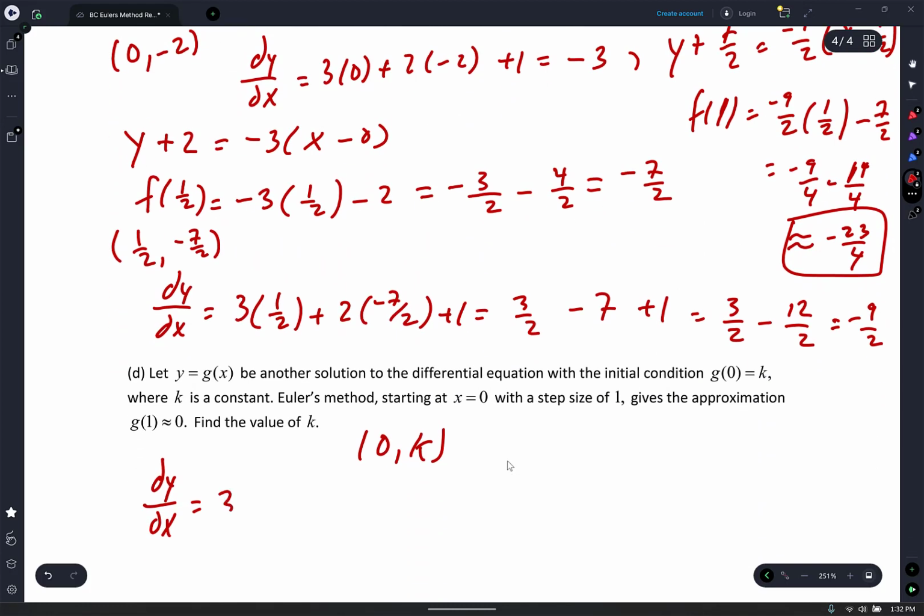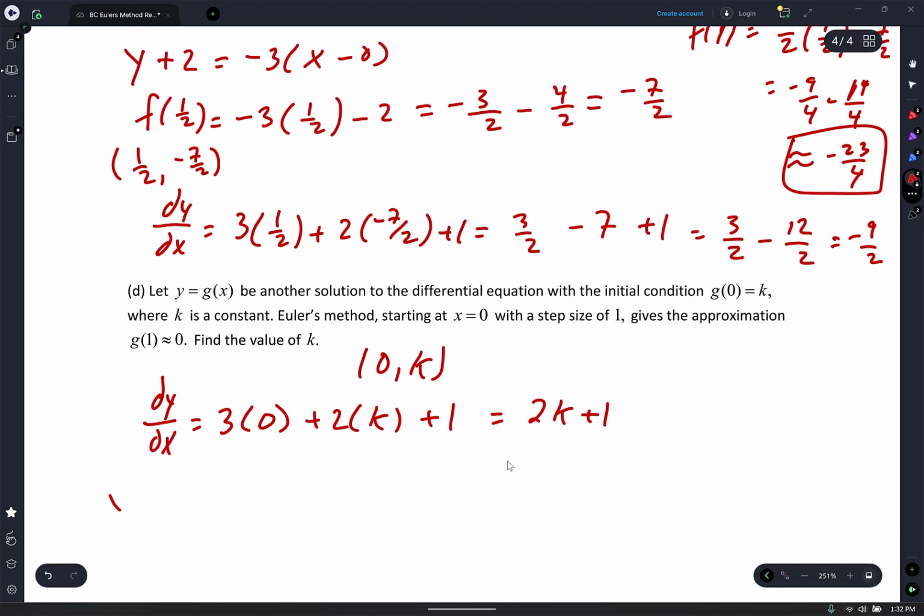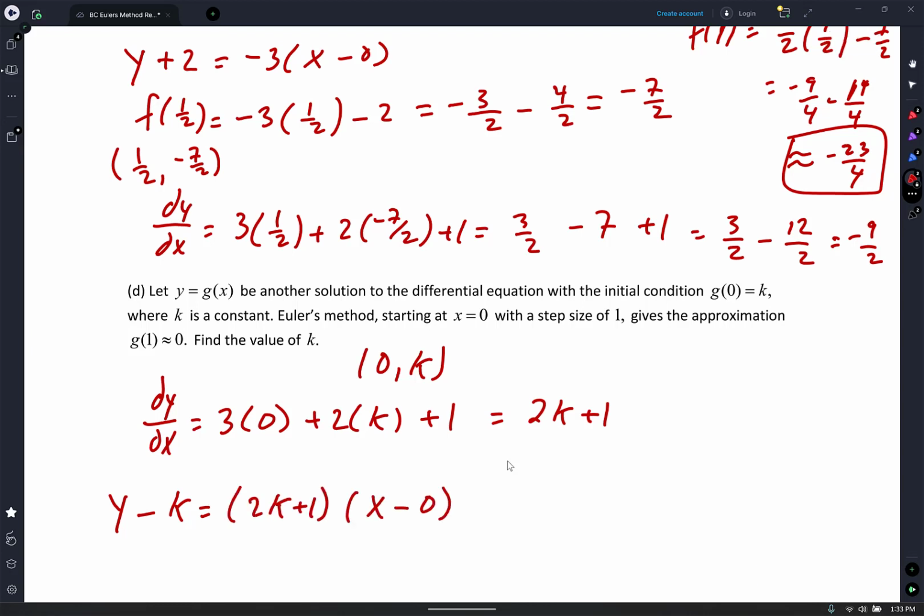So 3 times 0 plus 2 times k plus 1. So you get 2k plus 1. Right? And then y minus k equals 2k plus 1 times x minus 0.